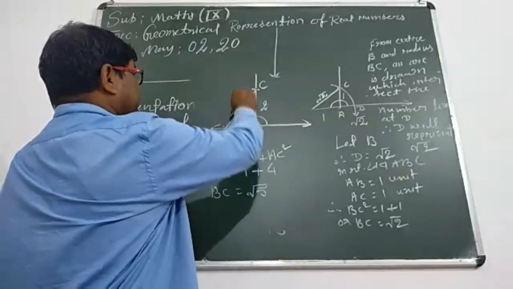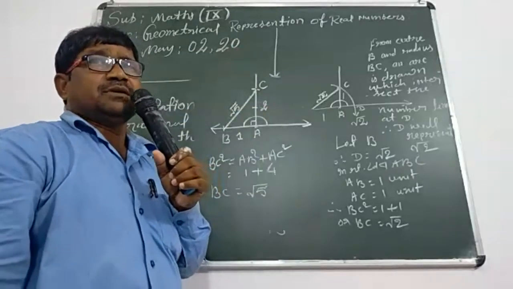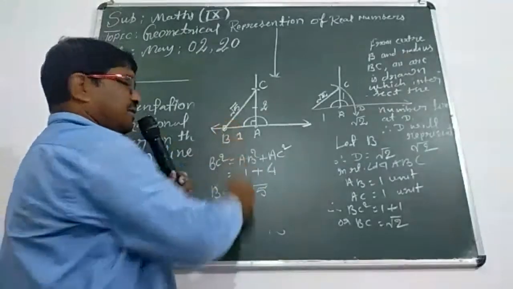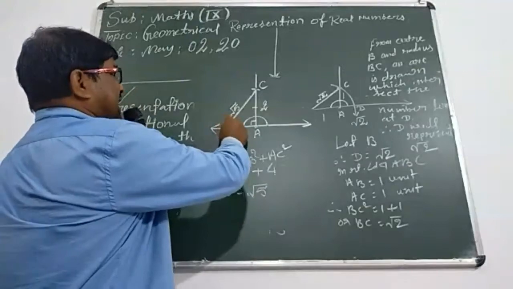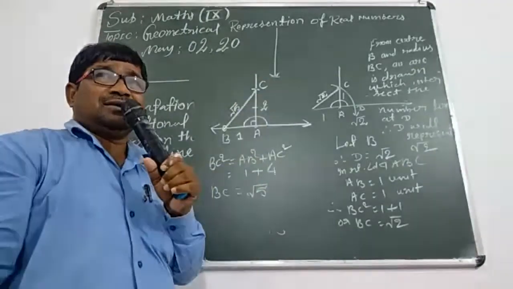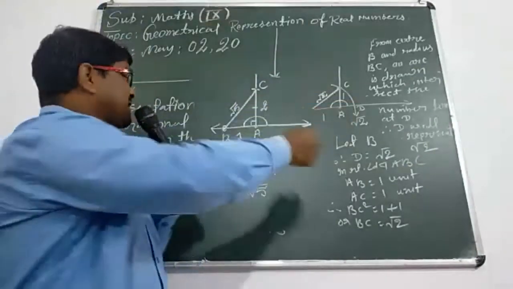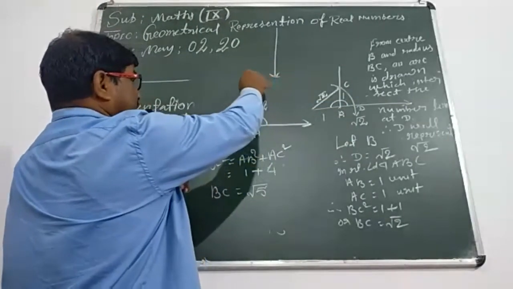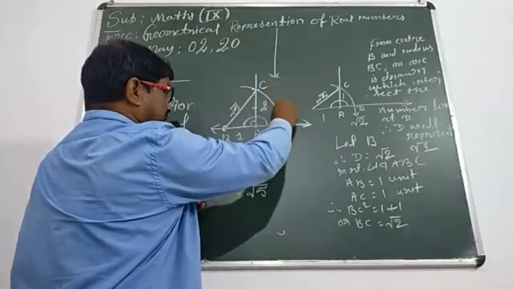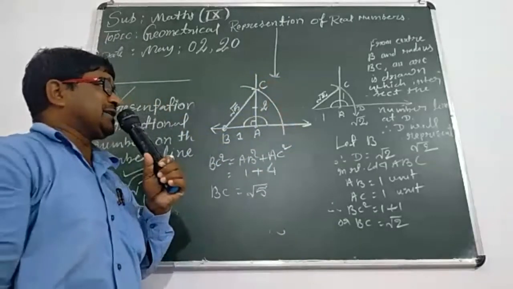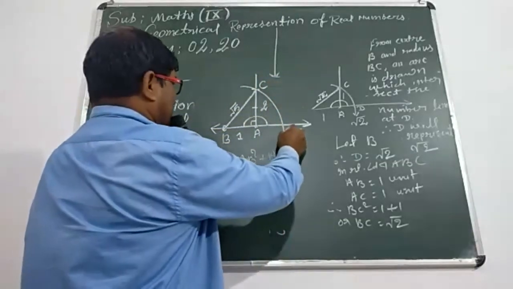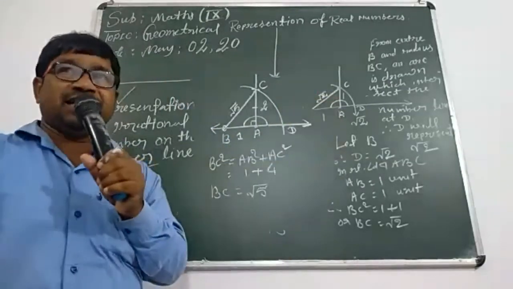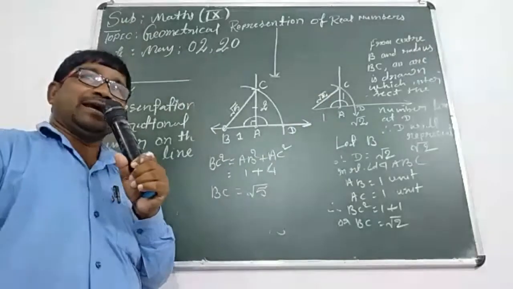under root 5 units. Now by the same process, from center B, taking radius BC, drawing a circular arc which will intersect the number line at a point. This point will be D. Okay.